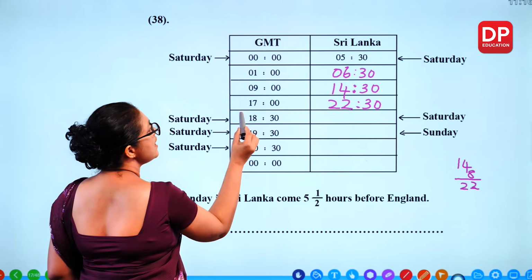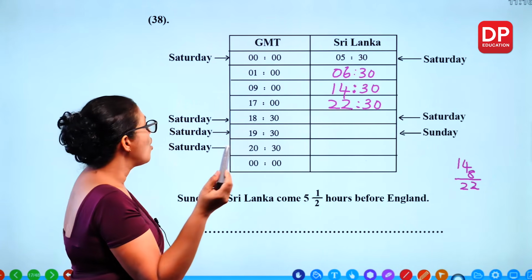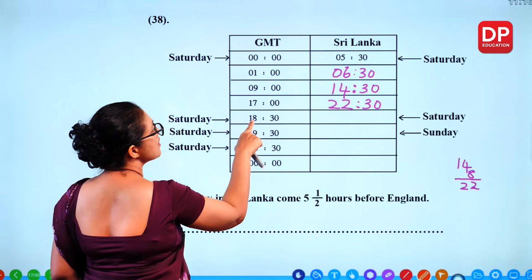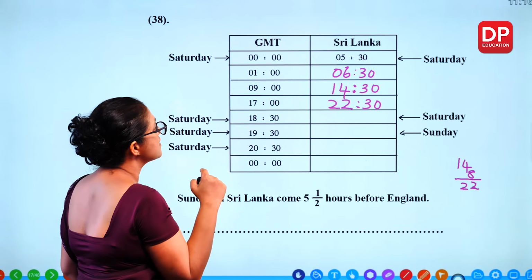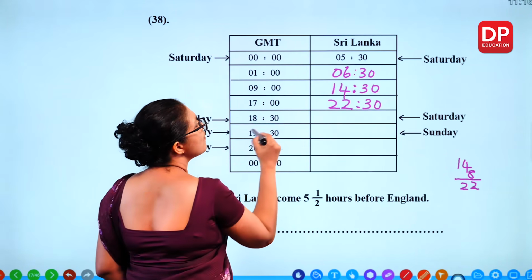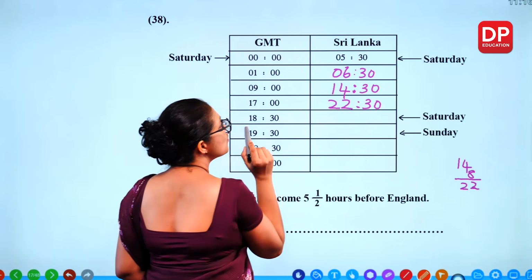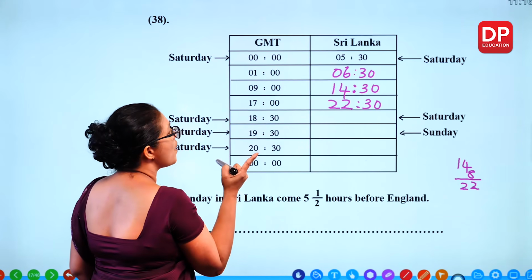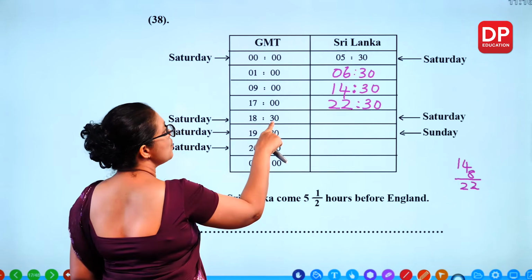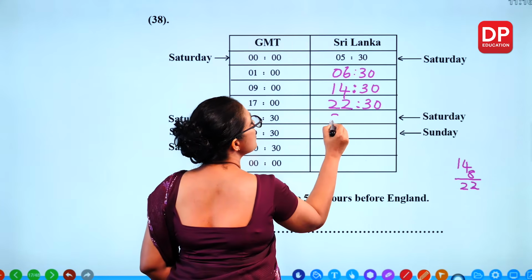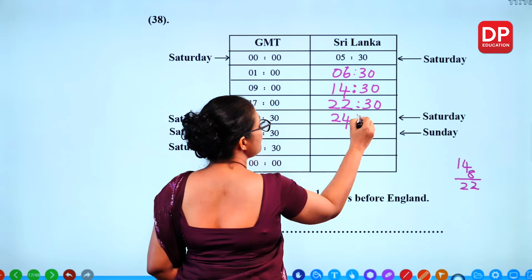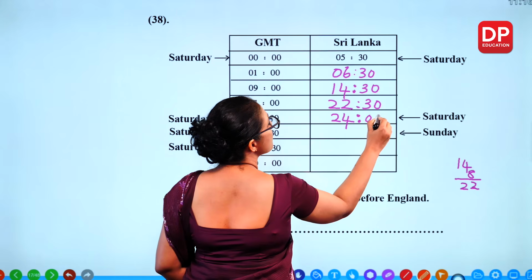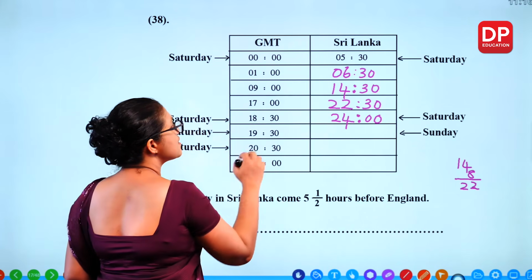This is 17 and 18:30. So 1:30 difference, 1 hour 30 minutes. So add 1 hour 30 minutes. 22 plus 1, 23. And when you add 30 and 30, you get 24.